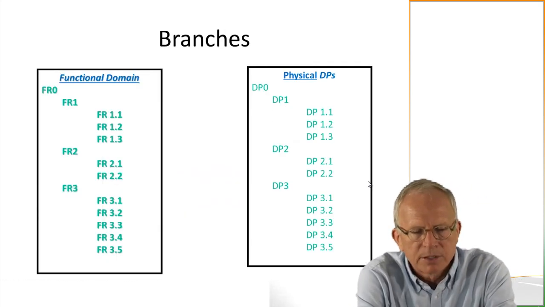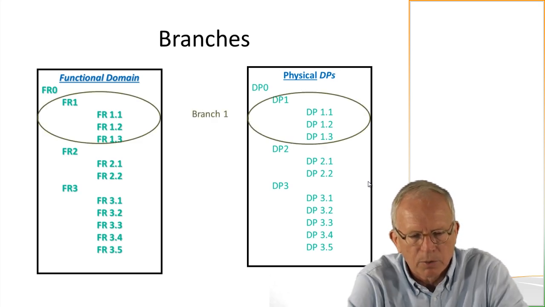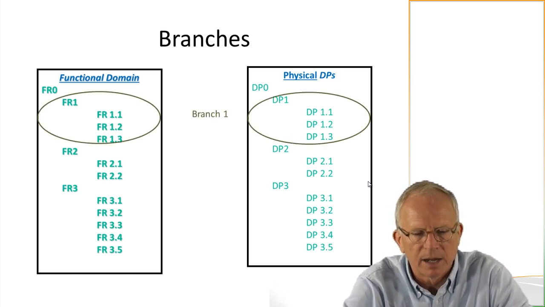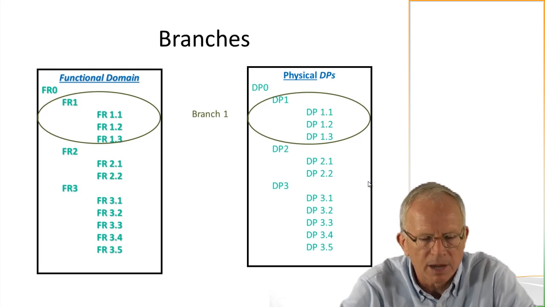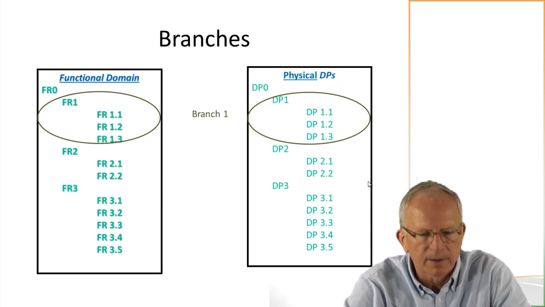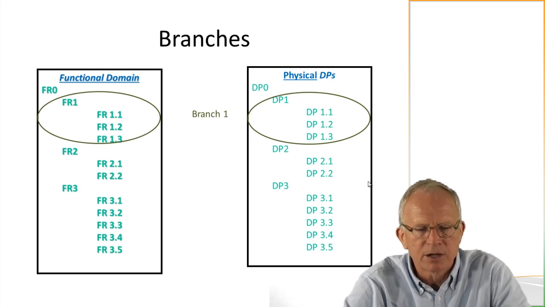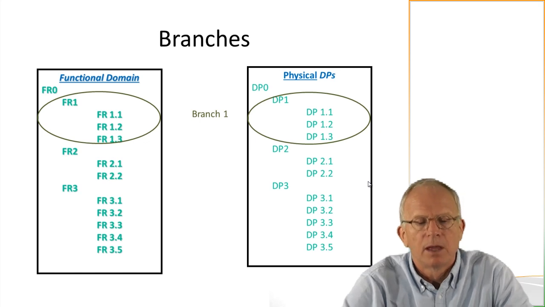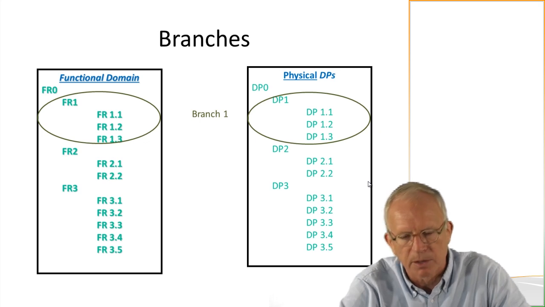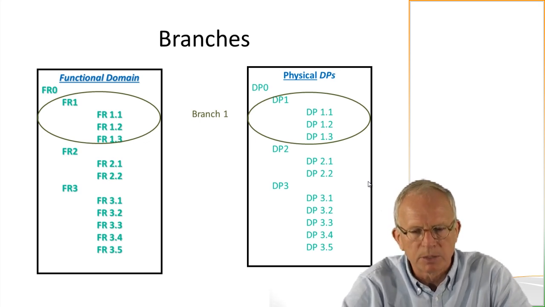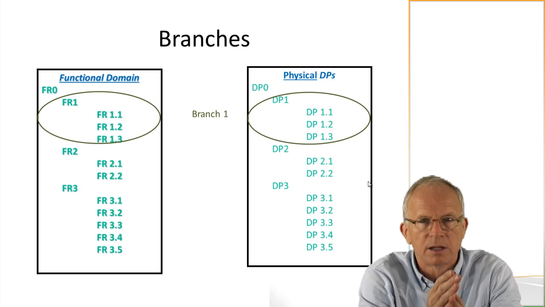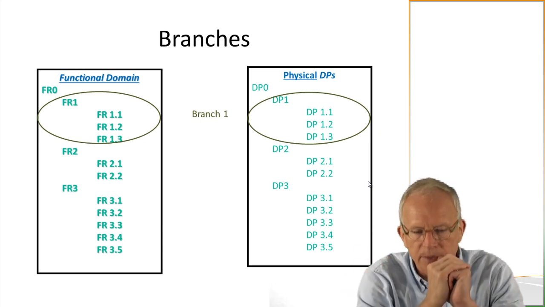All right, we talk about different branches in axiomatic design, and as we do this decomposition from general to specific, you can see at the top we have the 0 level, the FR level, and then we have FR1 and a corresponding DP1, and what we call the children now, FR 1.1, 1.2, and 1.3, and a similar parallel structure in the physical space, because we need a physical element for each functional element.